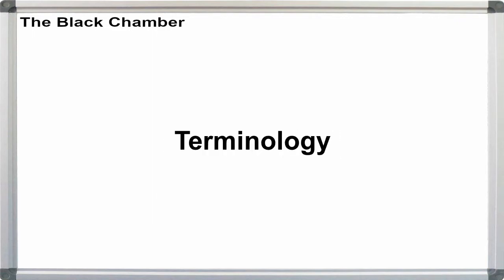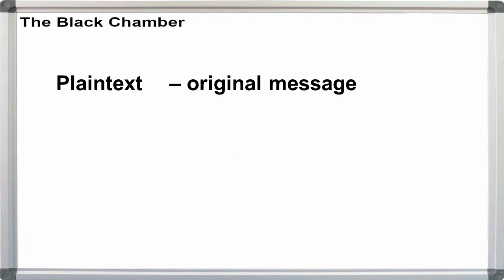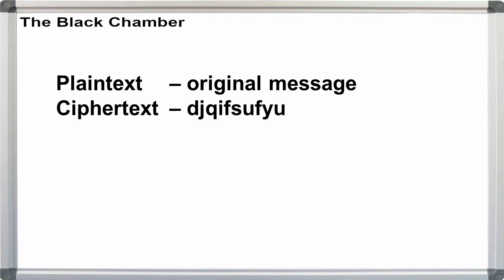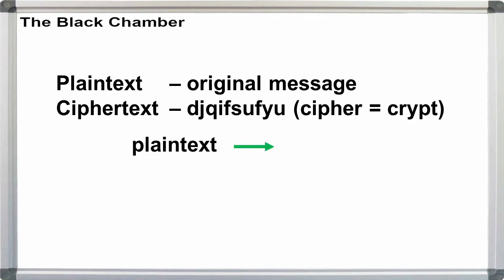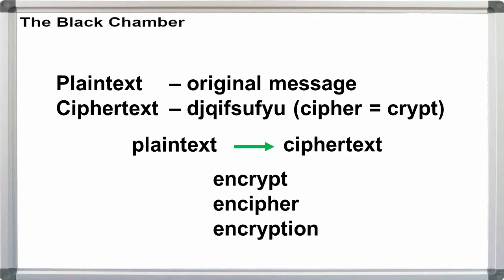Next, a little terminology. Plaintext refers to messages in alphabets you can read as is. Ciphertext or cryptograms are messages or alphabets altered to be unreadable to outsiders. I'll be using cipher and crypt interchangeably. To turn plain text into a cipher, we encrypt or encipher it. The process used is called encryption.